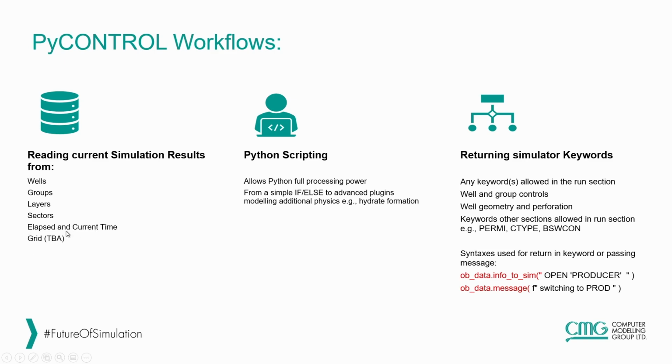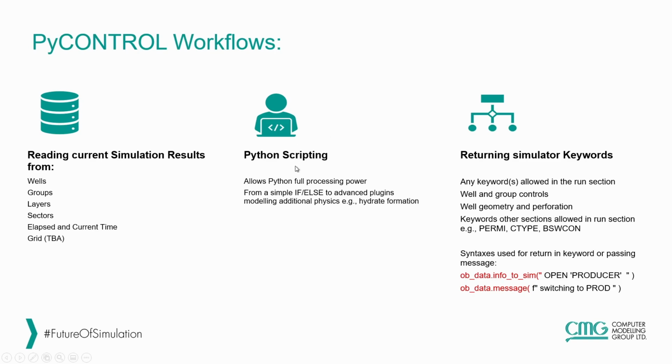Hopefully in future releases, we'll also get access to the grid data, things like current saturations, current temperatures, and pressure. But for now, we have access to all the other sources in the list. For each source, there's a list of the parameters that is currently available.